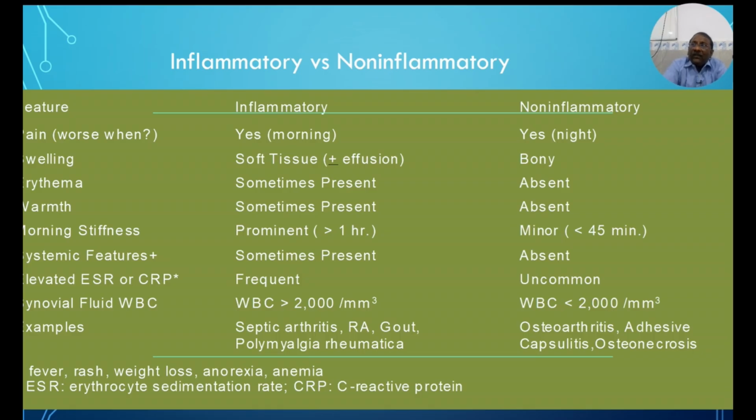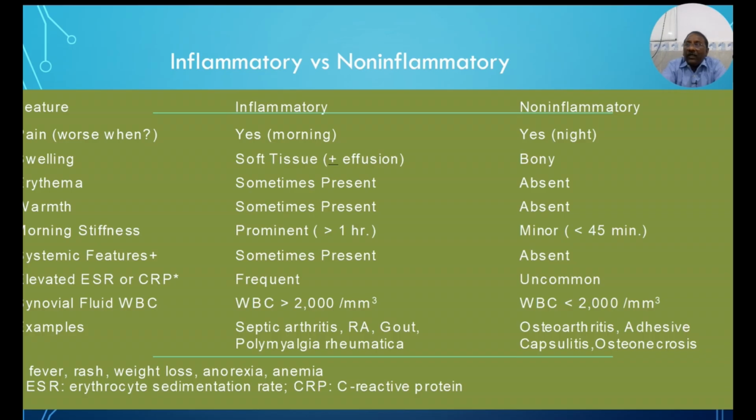Inflammatory arthritis, you have the classical examples like rheumatoid, lupus, etc. So obviously they will have systemic features, whereas non-inflammatory arthritis like osteoarthritis doesn't have any systemic features. ESR elevation and CRP elevation are very common in inflammatory arthritis. And synovial fluid, yes, WBC will be more than 2000 in inflammatory arthritis, within the normal limits in non-inflammatory arthritis.